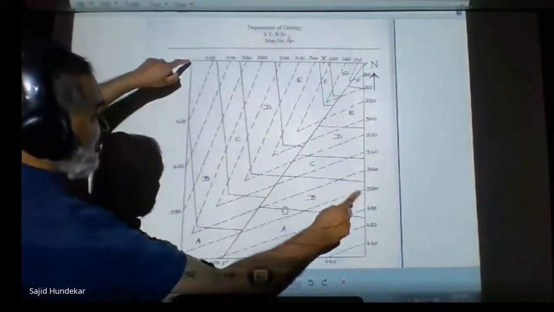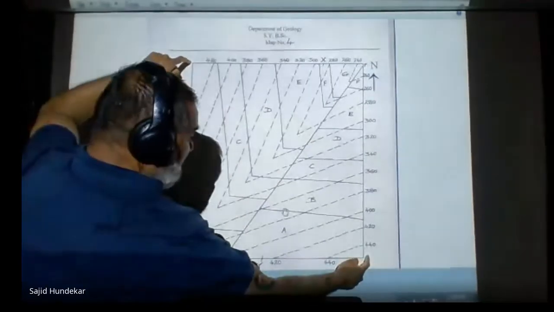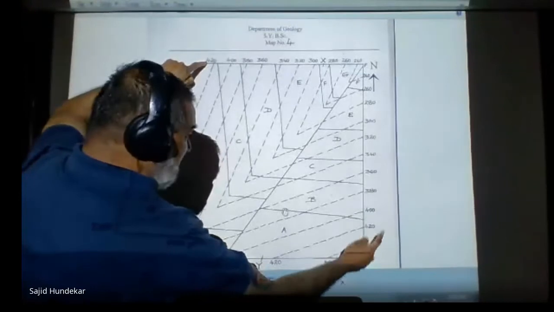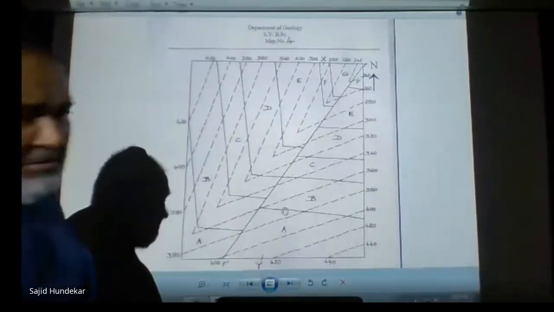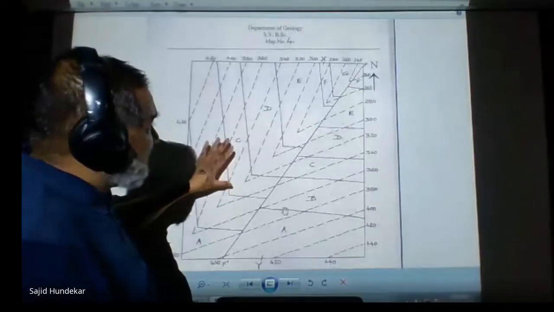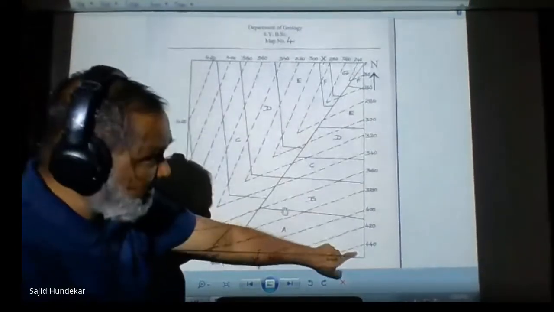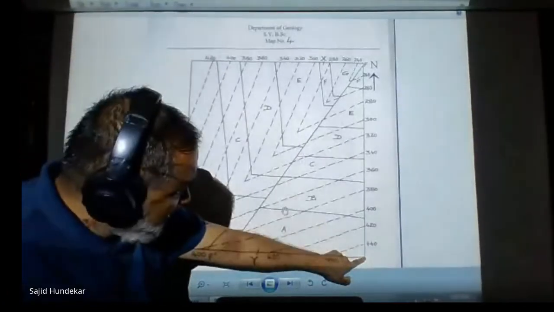There are two portions of high ground, one towards the northwest and one towards the southeast, with 420 meters and 440 meters respectively. So this is the topography of this map: one valley and two portions of high ground.